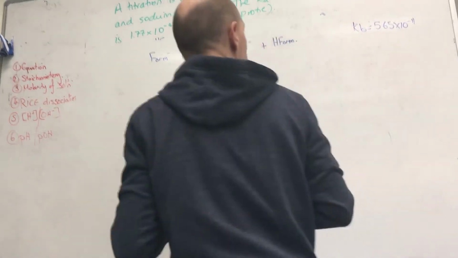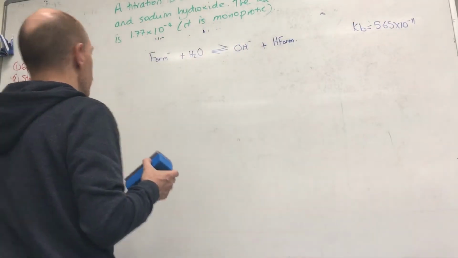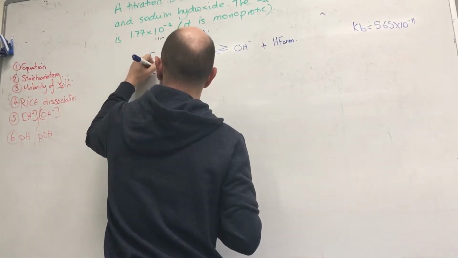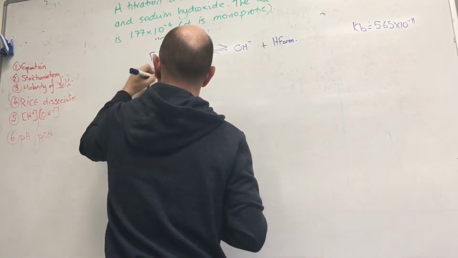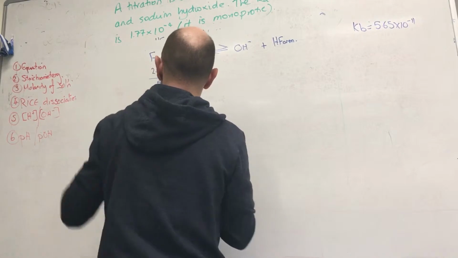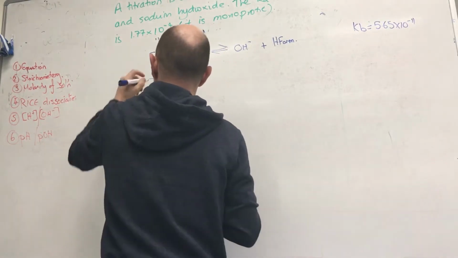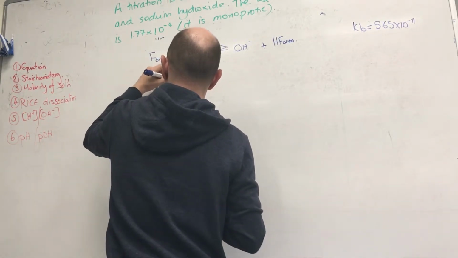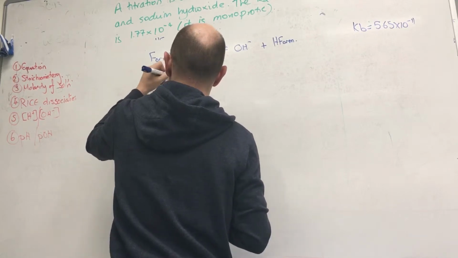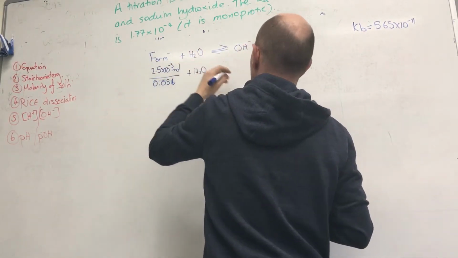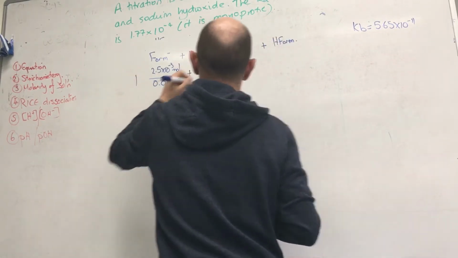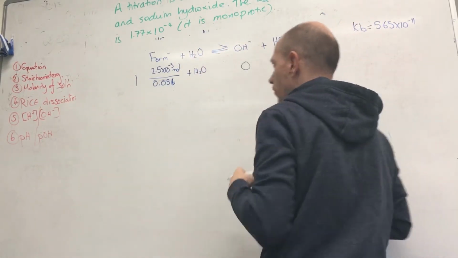Okay? So in this case, we have 2.5 times 10 to the minus 3 moles over 50 millilitres, which is 0.05 litres, plus H2O. So that's our initial, plus 0 plus 0.